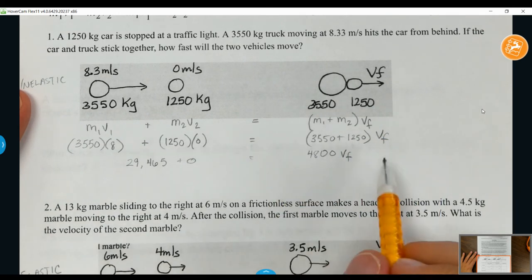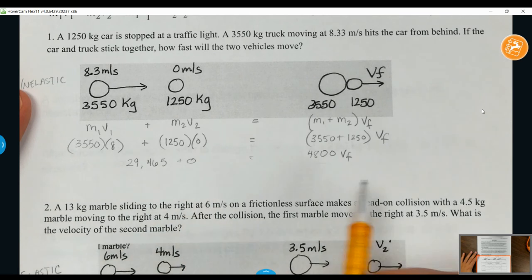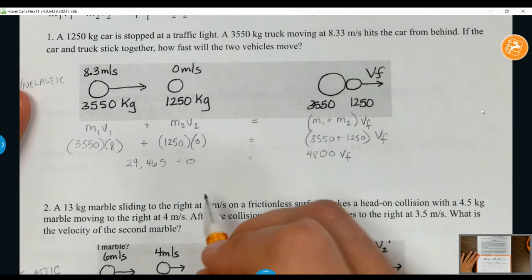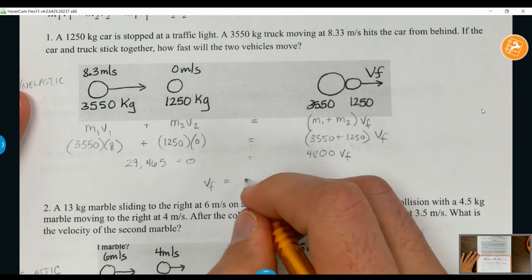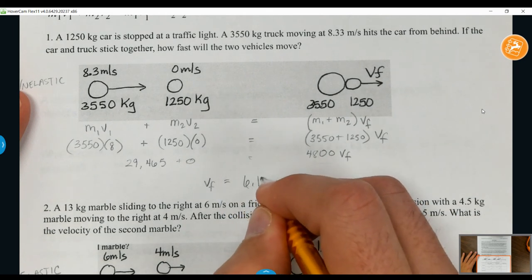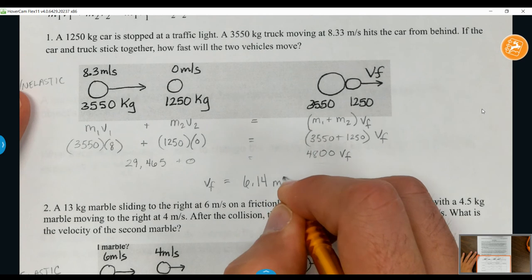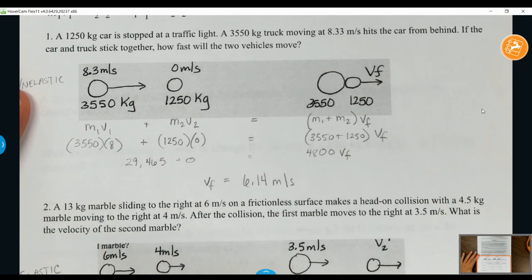So to get VF by himself, divide both sides by this 4,800. So the final velocity should come out to be roughly 6.14 meters per second.